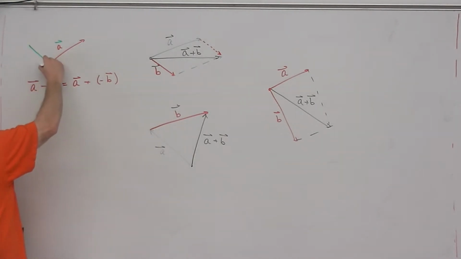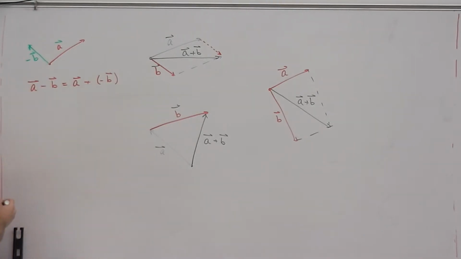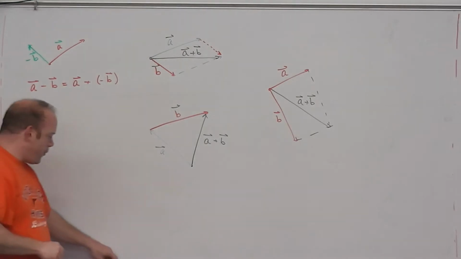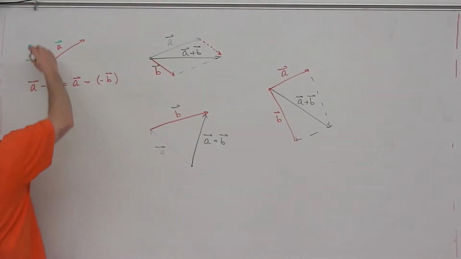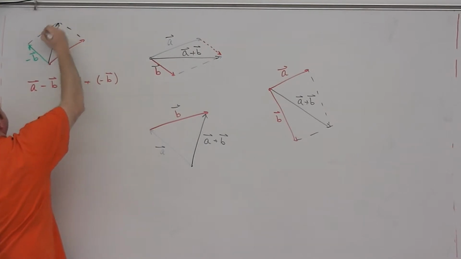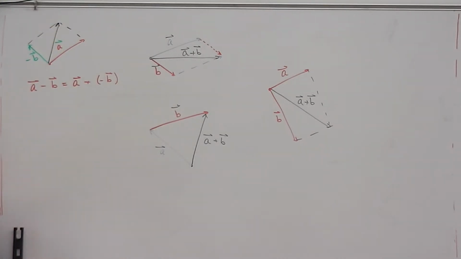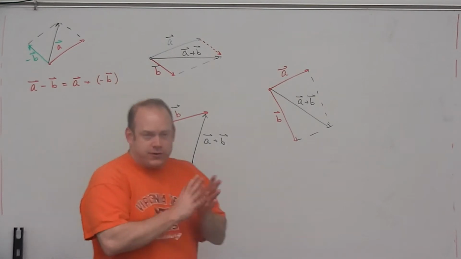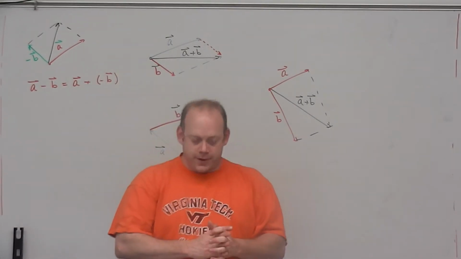Now they're lined up tail to tail. So when I add them, I have to use the parallelogram method, and that would be my A minus B, because I'm adding A to a negative B, and it works out to be the same. Okay, so that's addition.